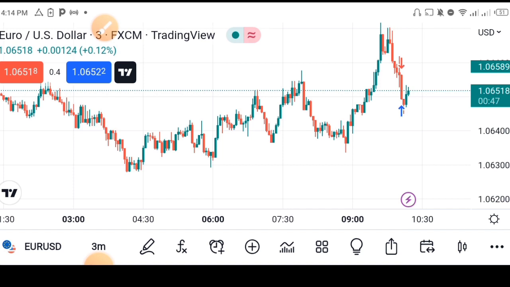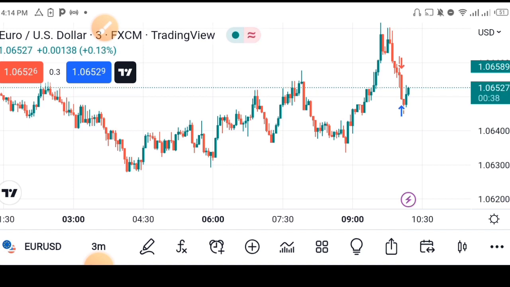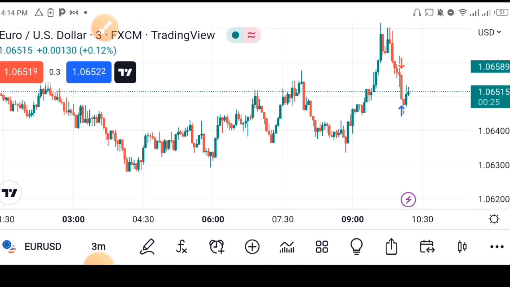First of all, you need to know what support and resistance are. A support zone is where you are buying at a discount, and a resistance zone is where you are selling at a premium. You want to be buying at support and selling at resistance.